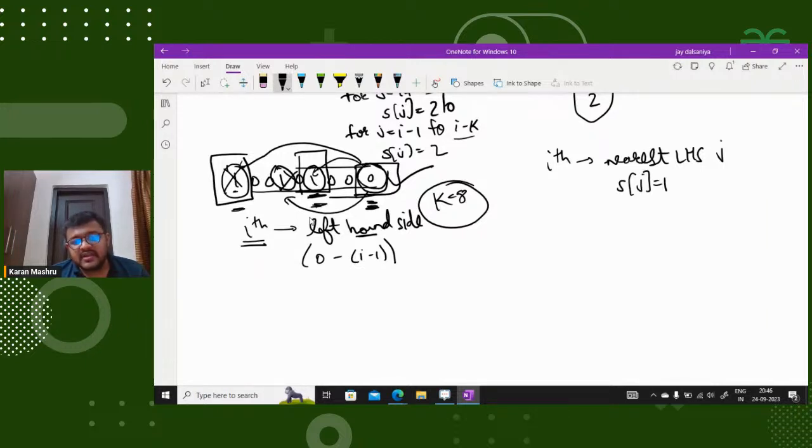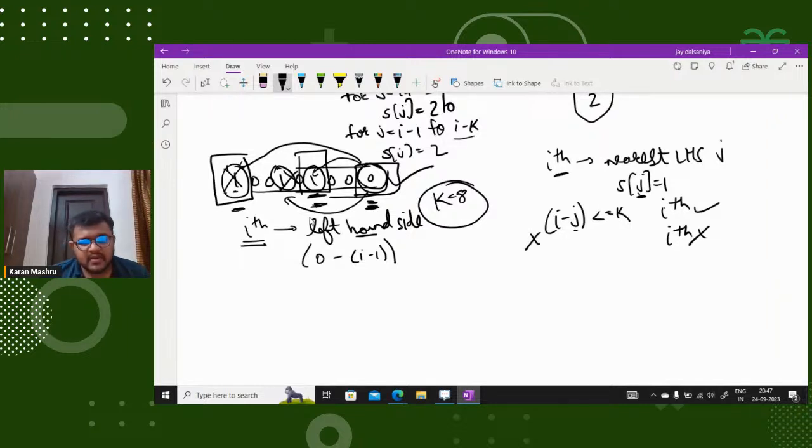Okay, so this is the nearest to I. So if the distance between I and j, that is I minus j, is less than equal to k, then the ith person will get infected, otherwise the ith person will not get infected. Because if j is the nearest left hand side element, and if j cannot infect I, then others can definitely not infect I.